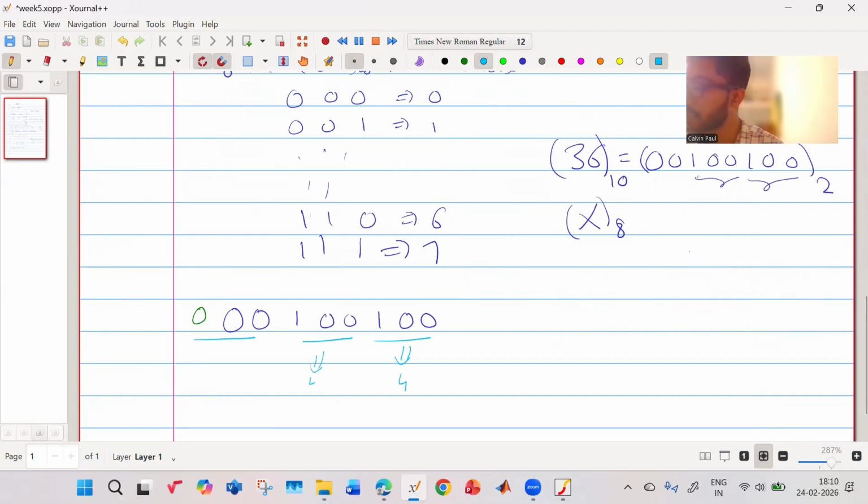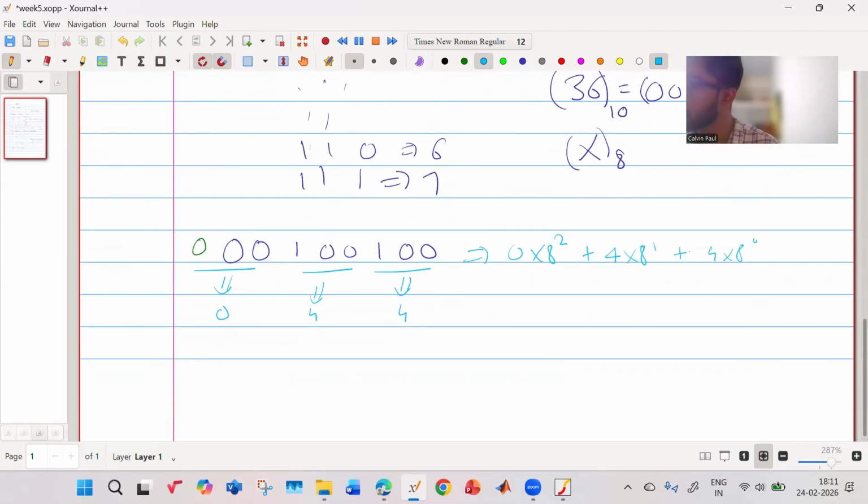This also represents 4. And this represents 0. So this is 0 into 8 raised to 2, plus 4 into 8 raised to 1, plus 4 into 8 raised to 0. 4 into 8 is 32, and 4 into 8 raised to 0, which is 1, is 4, so 32 plus 4 is 36. So this is a very simple way to convert any number from binary to octal.